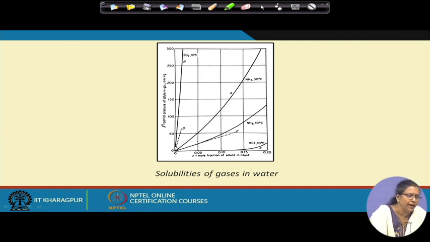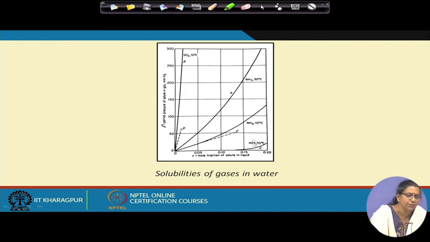For example, the partial pressure is very high at a low mole fraction for sulfur dioxide, which shows that sulfur dioxide under this particular condition is relatively insoluble in water, while on the other hand the partial pressure is much less at higher mole fraction for HCl solution, which shows that HCl is much more soluble in water.